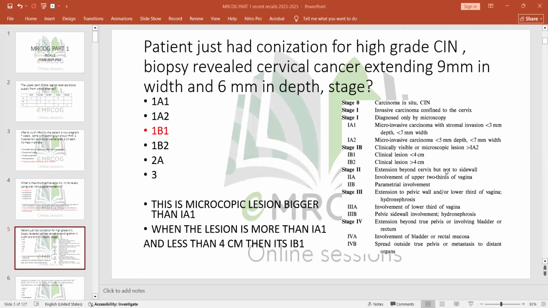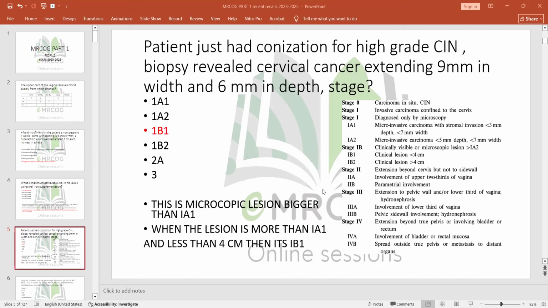So stage 2, again, is when you are having extension beyond the cervix, and as an old recall, which involves the upper 2/3 of the vagina, this is 2A. Involving the lower third of the vagina, 3A. Okay?